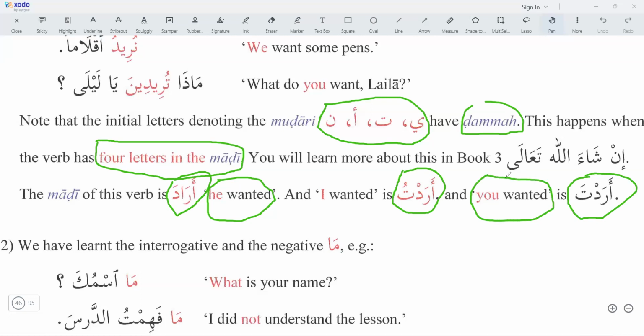So this verb has 4 radicals in the fi'l madi. This kind of verb, which has 4 radicals or 4 letters in the fi'l madi, when we change it into fi'l mudare, the harful mudare will take the dhamma.